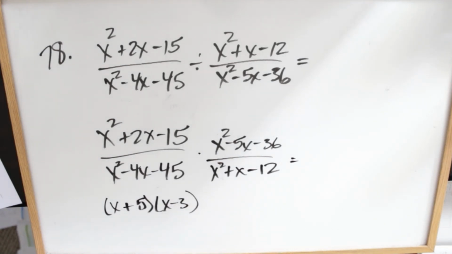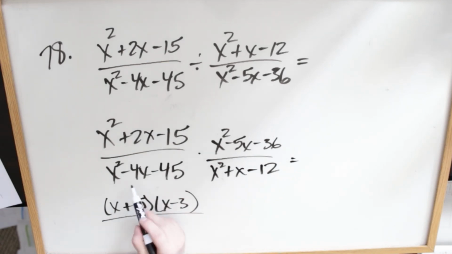Okay? All right, so now let's do the bottom one. 45. All right, so we got 1 and 45, 3 and 15. That is not going to give me 4. What else we got? 3, 4, 5, 5 and 9. 5 and 9. Combination of 9 and 5 will give me 4.